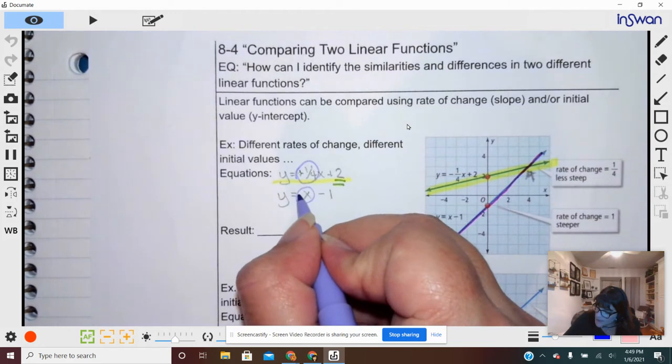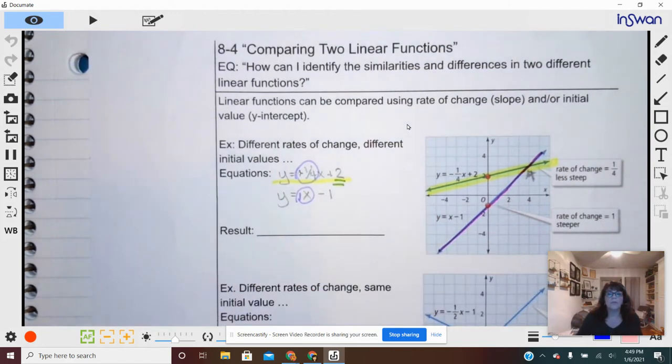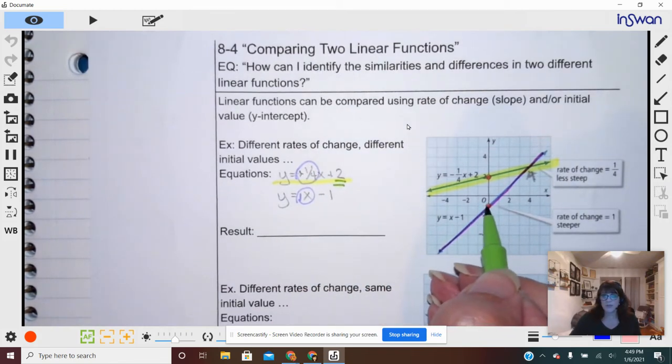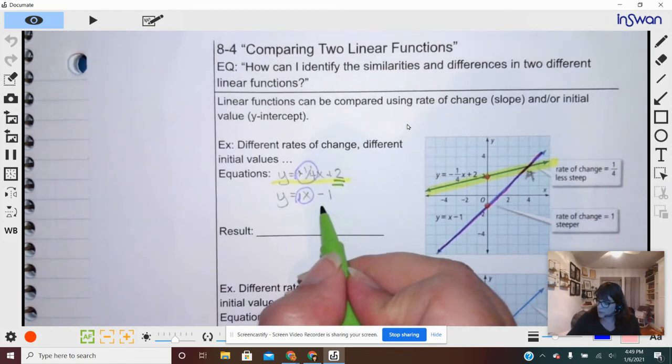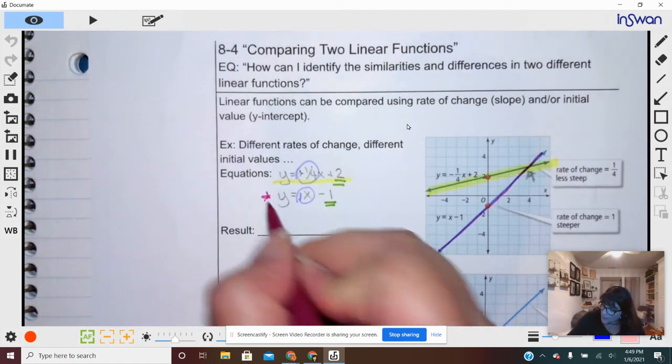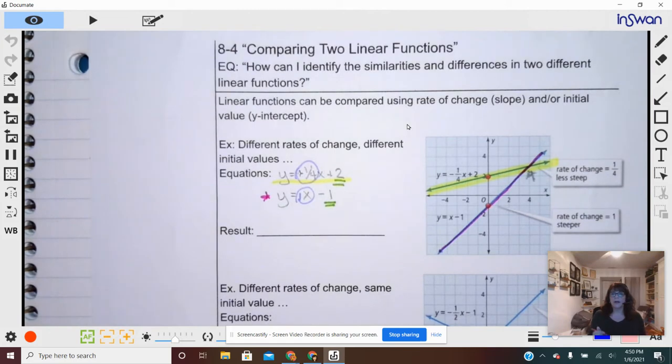And remember, it's an implied 1x. And your y-intercept or initial value, okay, and that's this one right here. Okay, so I highlighted the two different lines.